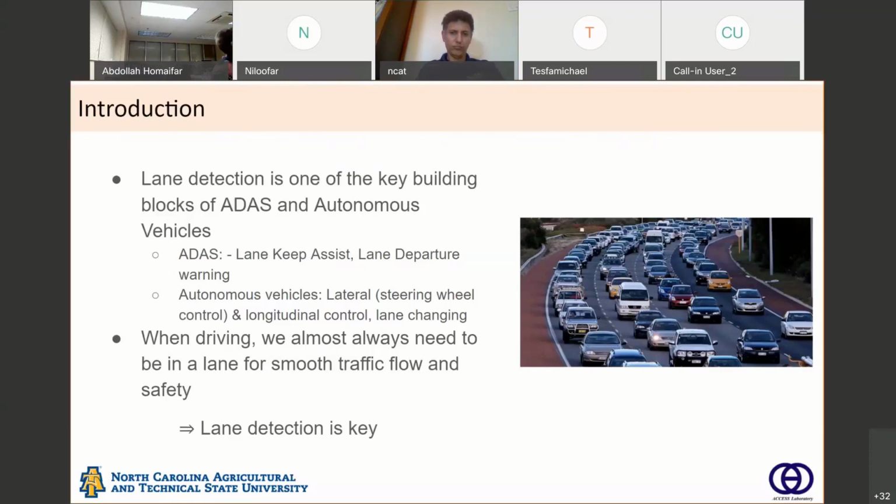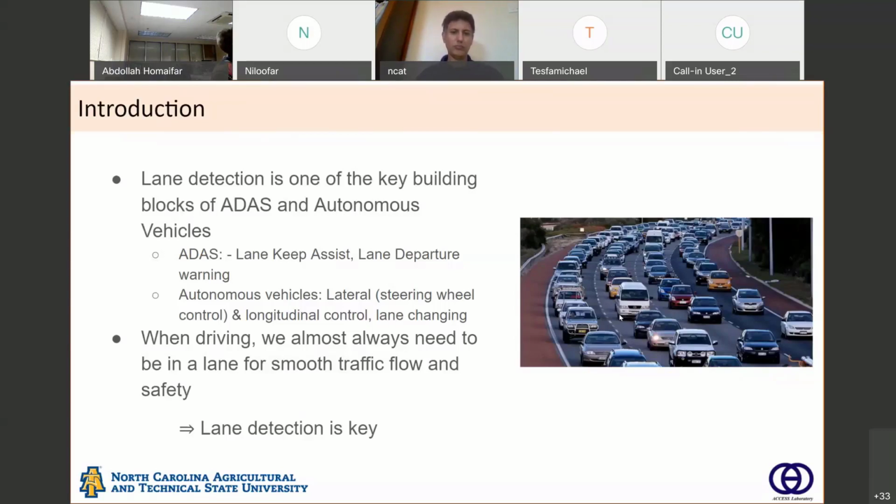So in general, when we drive our vehicles, we almost always need to be in the lane so that we can be safe, and overall we will have a smooth traffic flow. As you can see in this picture, all of the cars are driving in the lane, and if any one of the cars tries to go outside, obviously it will cause some trouble.